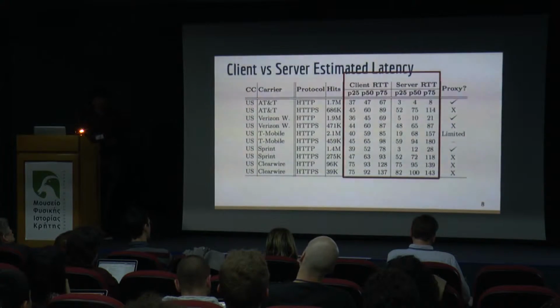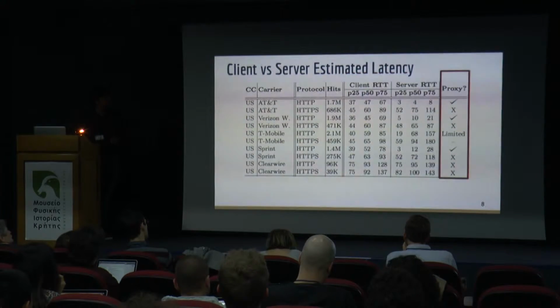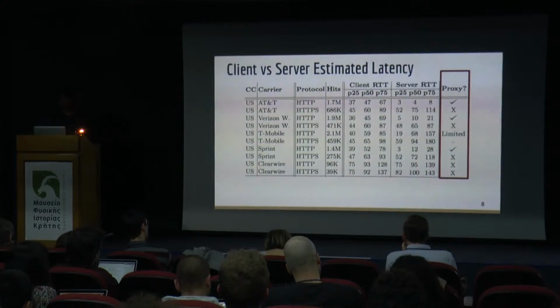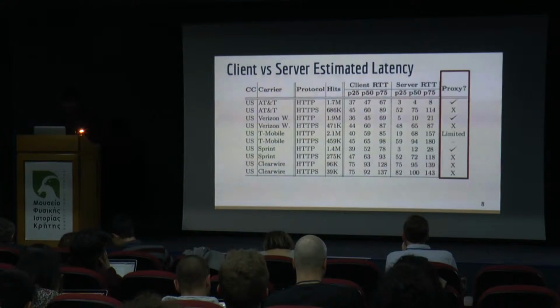The server RTT represents the latency estimated by the server. P25, P50, and P75 represent the 25th, 50th, and 75th percentile of the latency distribution. Finally, based on the latency-based technique, in the proxy column we say whether we were able to detect a proxy or not. In some cases we say it's limited, and we're going to talk about it more, and in some cases we cannot predict whether there was a proxy or not using the latency-based technique.